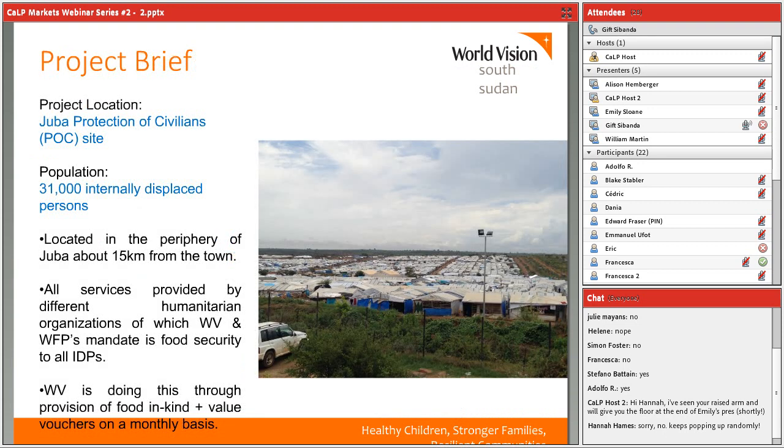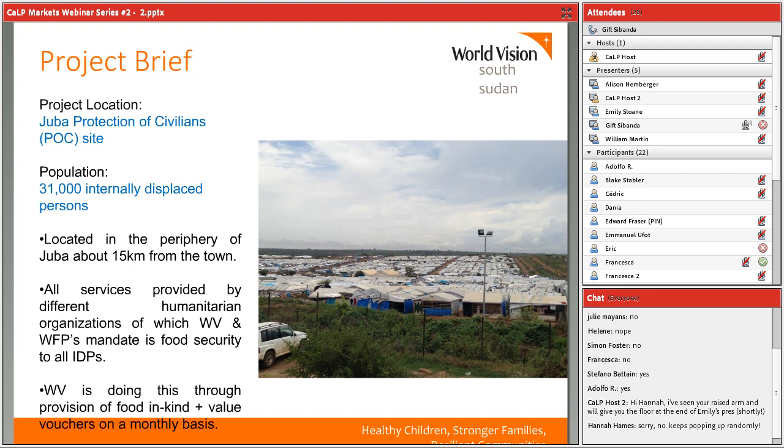Basically, this is a location for the protection of civilians that have come in there as a result of conflict. We usually call it the POC, protection of civilians. Currently it has 31,000 internally displaced persons, and is located on the outskirts of Juba town.